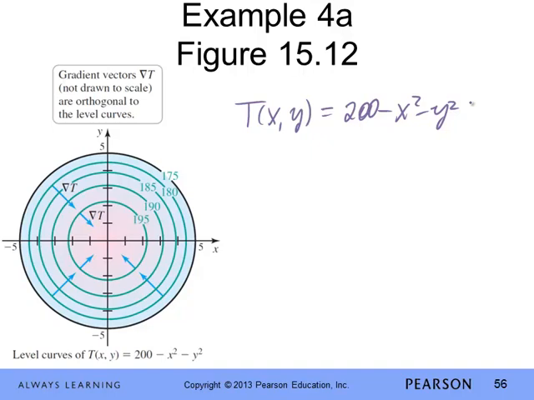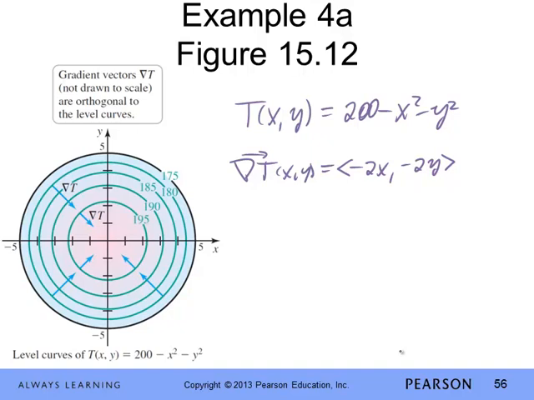Let's go ahead and calculate the gradient of the temperature. Of course, you'll have negative 2x, comma, negative 2y. And so this is a negative radial function, which means those arrows are all going to be pointing toward the origin.